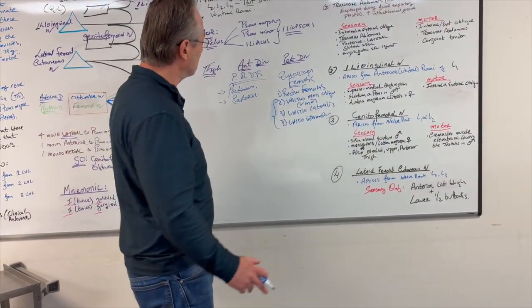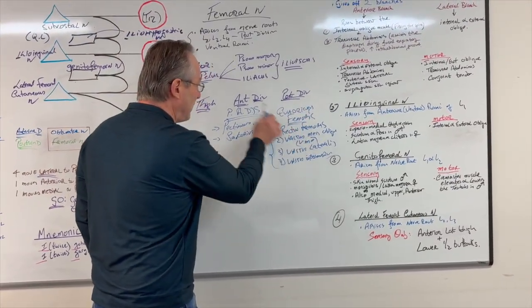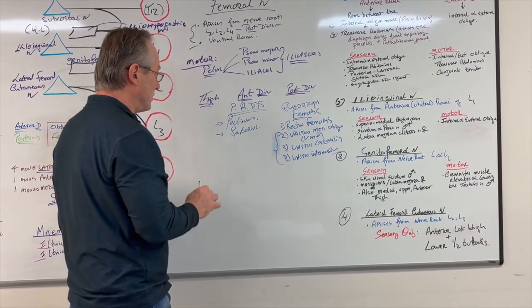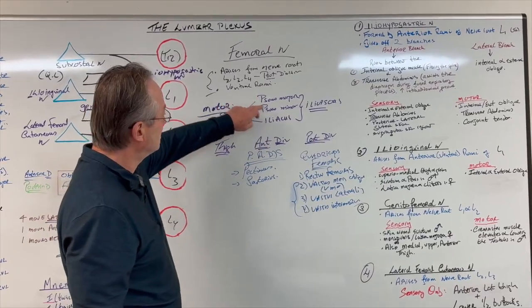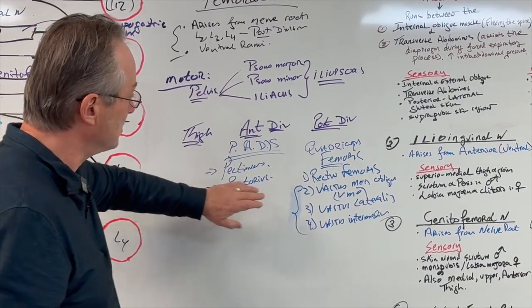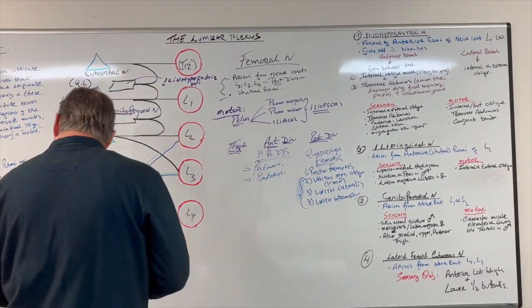These are monoarticular. Anterior division, pectineus sartorius, and then we've got the posterior division, the quadriceps femoris. So lots of muscles here. The iliopsoas, which is made up of the psoas major, minor, iliacus, pectineus sartorius, and the quadriceps muscles.